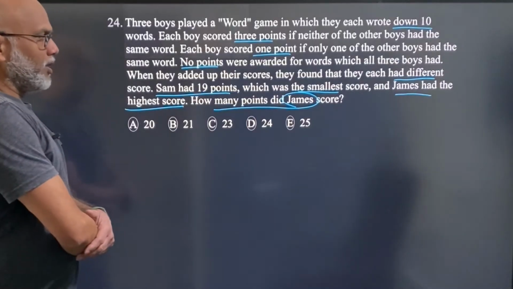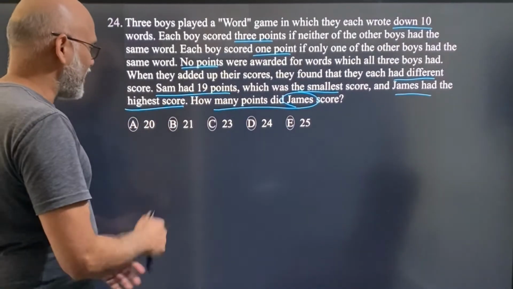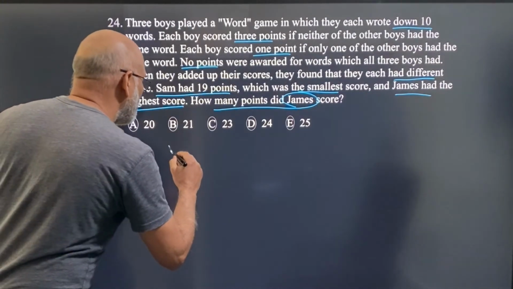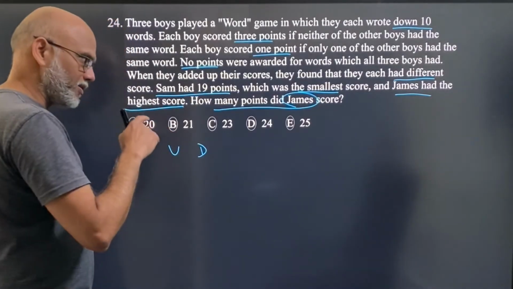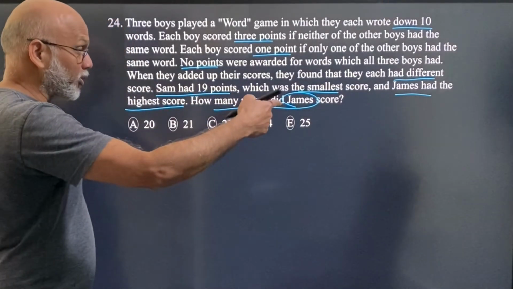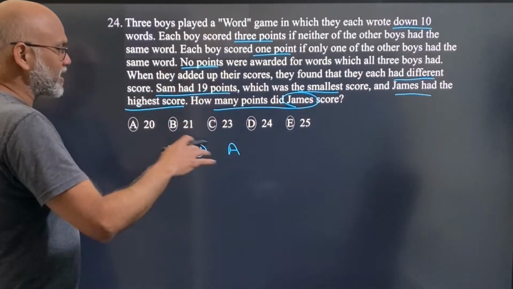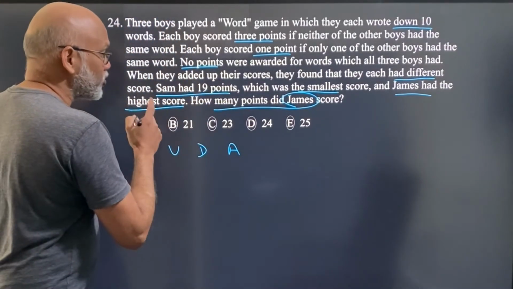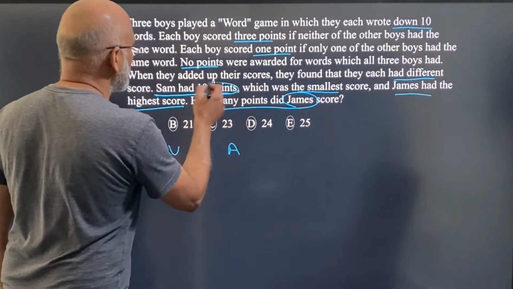All right. We actually need to just try out a few things here. Let me denote U as the number of unique words, D as duplicate, meaning it has a duplicate with one other person, and A meaning all had the same word. Okay, I want to see how I can get 19 points for Sam.